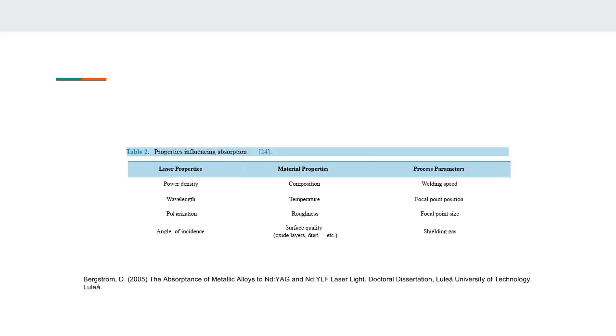First one is the Fresnel absorption, and second one is inverse Bremsstrahlung absorption. The first mechanism refers to the beam absorption at the solid-liquid surface of the material on the keyhole wall, and the second one takes place in the partially ionized plume of vapor in the keyhole.